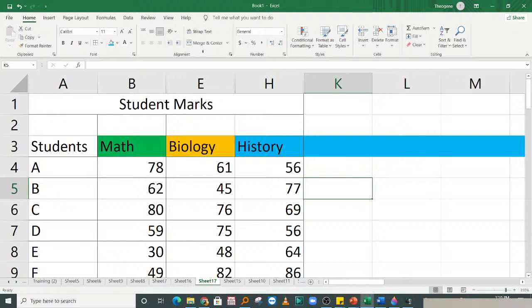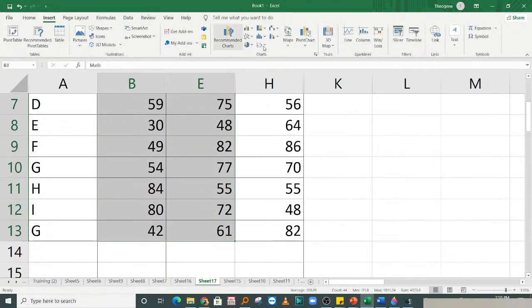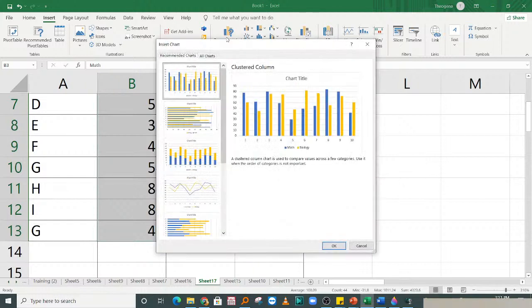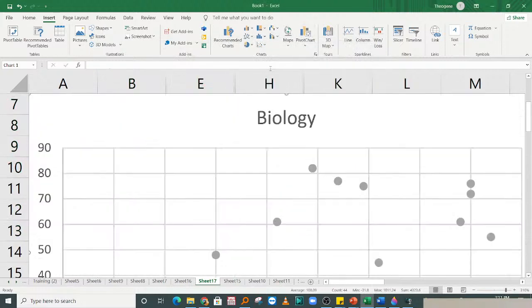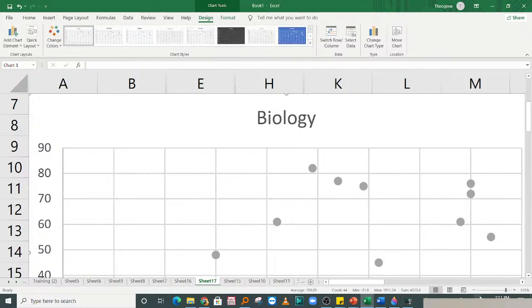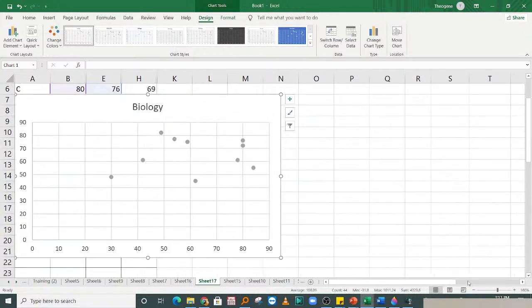So we come here and select math and biology. We go to insert. We go to recommended chart. You see, this is how the chart looks.